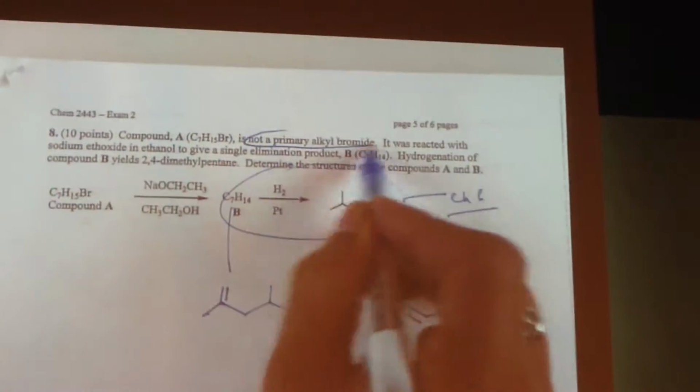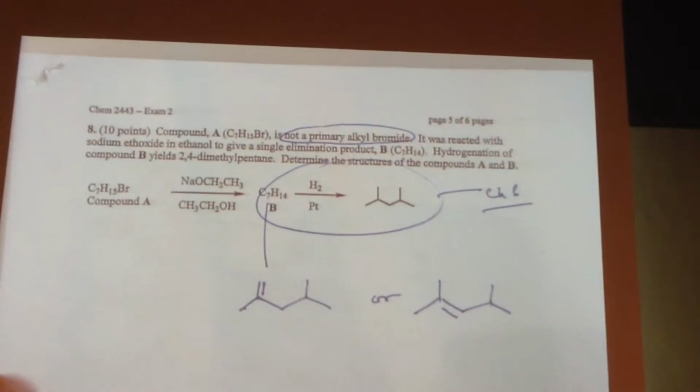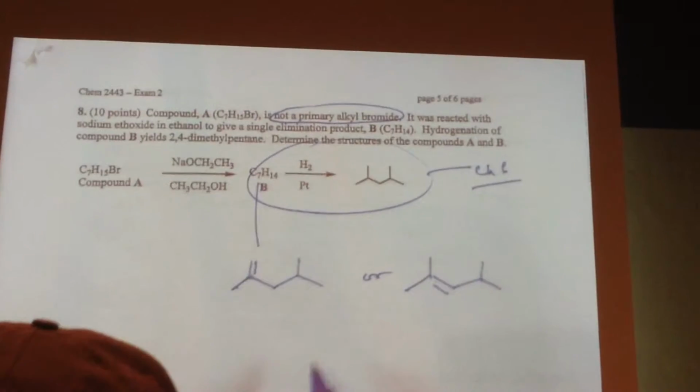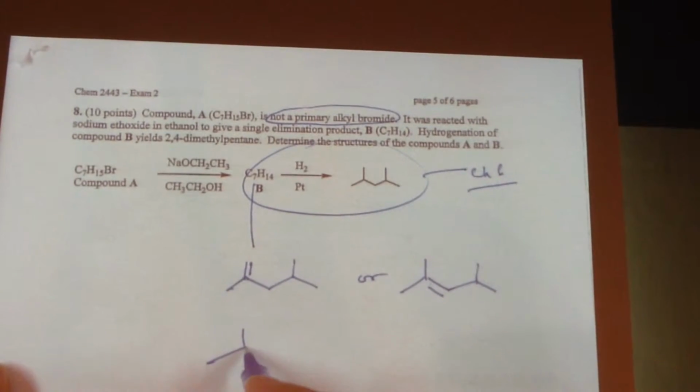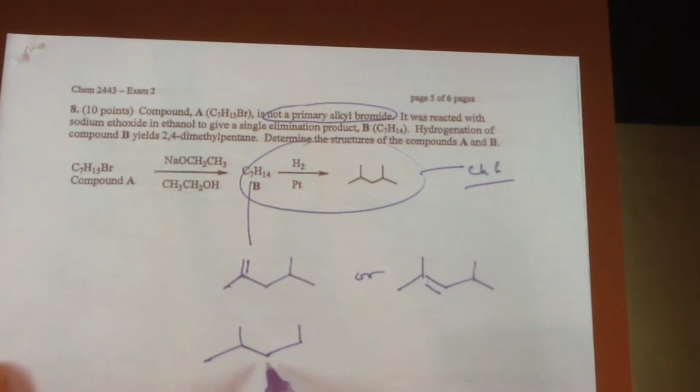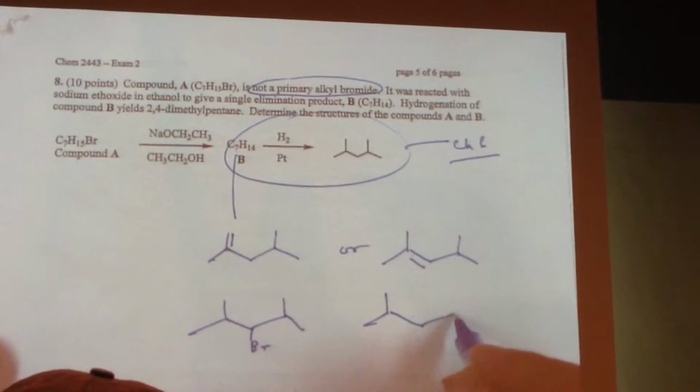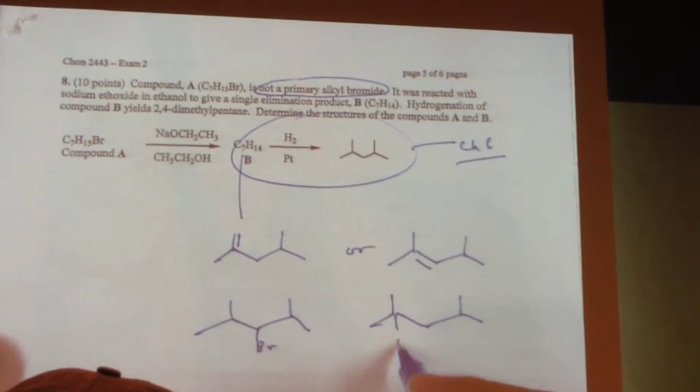What is important to recognize is that it's telling you it's not a primary alkyl bromide. So you cannot have the bromine here. The bromine must be here or here. So let's see which one would be possible. We are here or here.